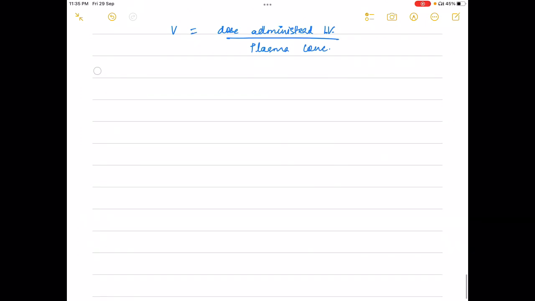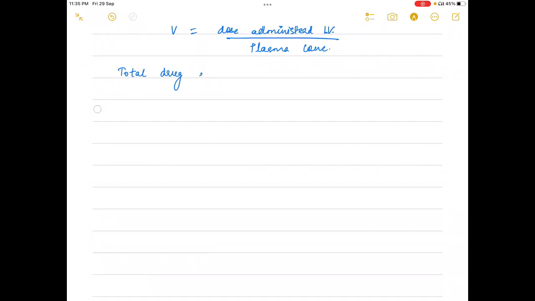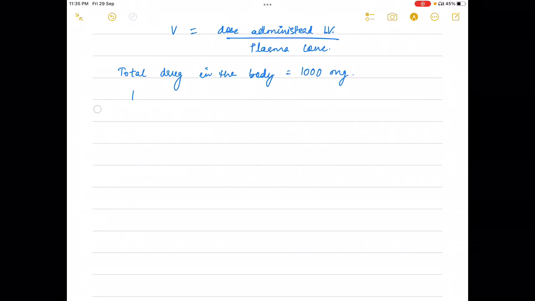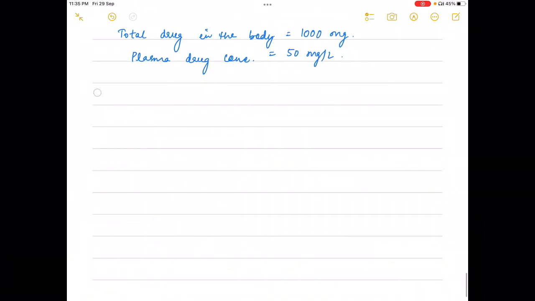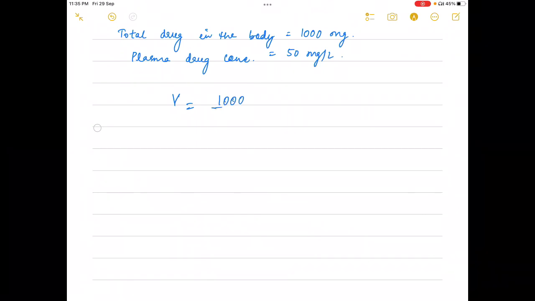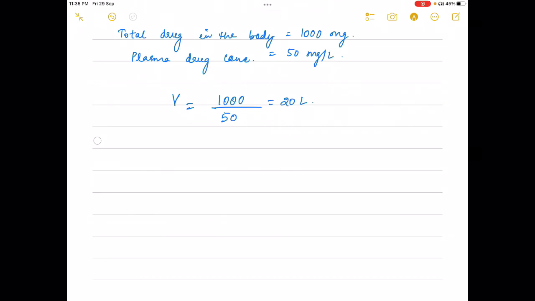Suppose the total drug in the body is equal to 1000 milligram, and the plasma drug concentration is equal to 50 milligram per liter. So the volume of distribution V will be equal to 1000, that is the total dose administered, divided by 50, that is equal to 20 liter.